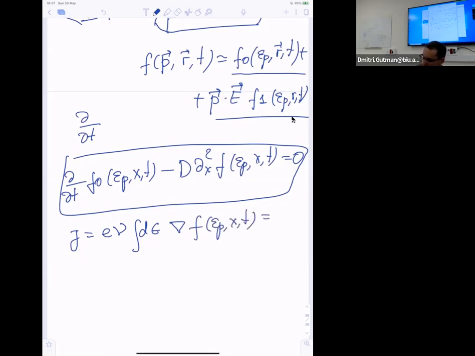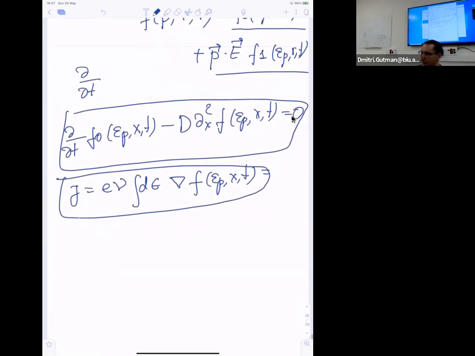So what we need to do is solve the diffusion equation with the boundary condition, substitute it into here, and get the DC current, and you will get the formula. I guess I did it at the beginning of our course, but let me remind you of that.